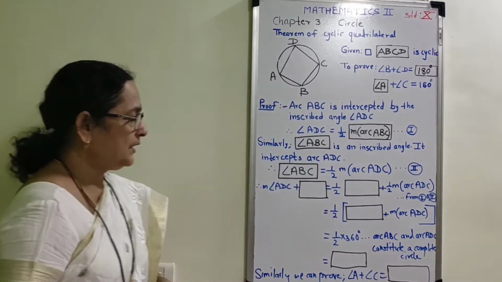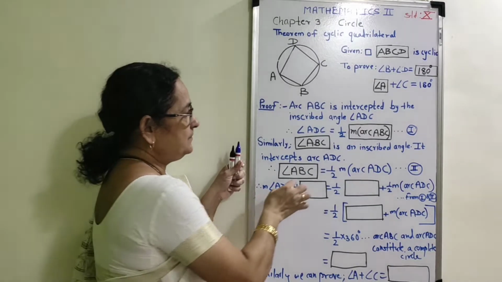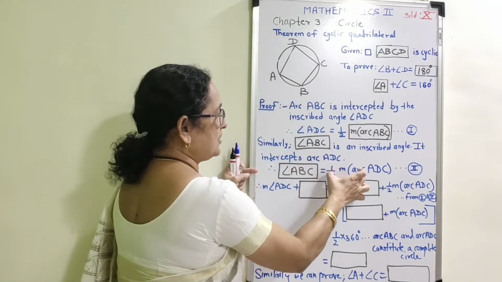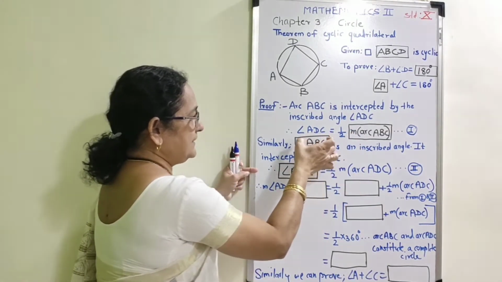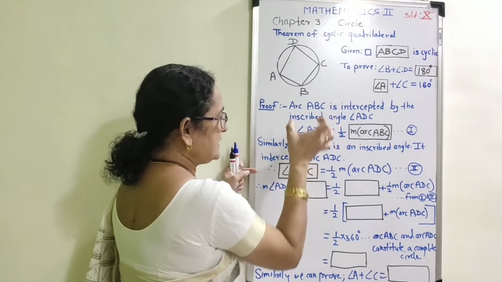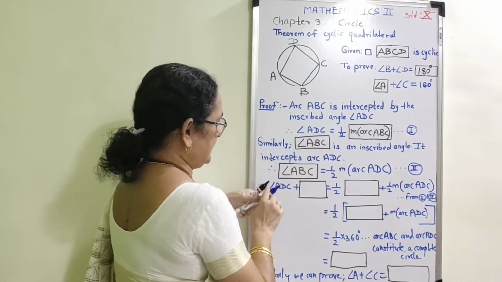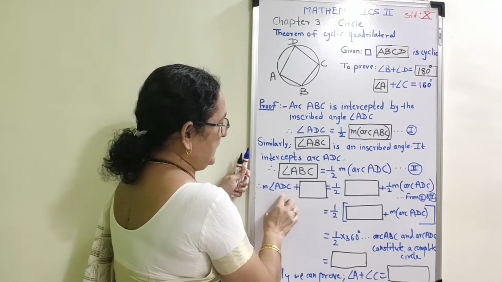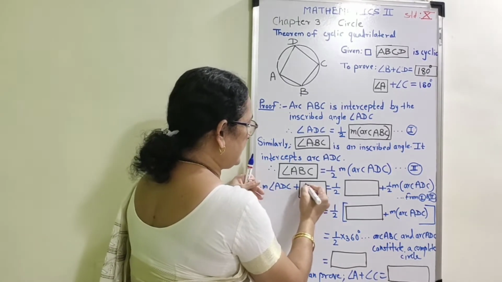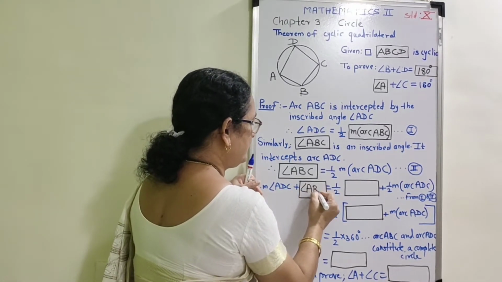Now please observe that when we take the measure of these two angles, the first angle is angle ADC, the second one is angle ABC. That means angle ADC plus angle ABC.